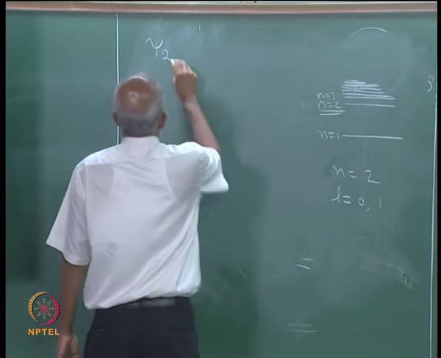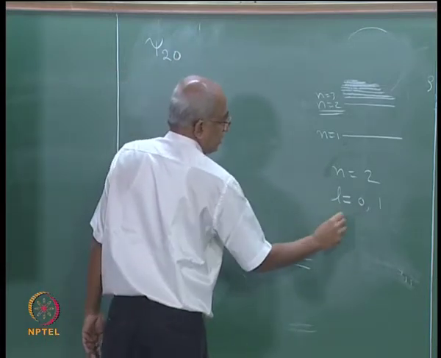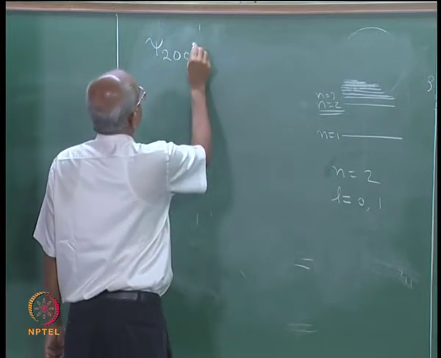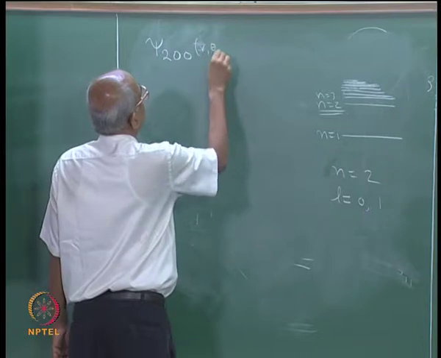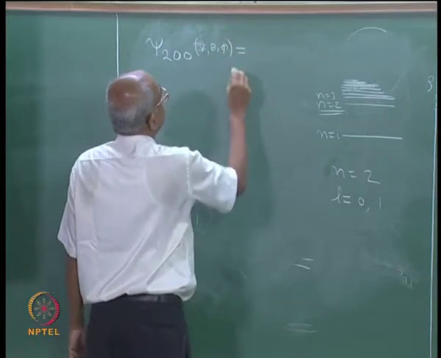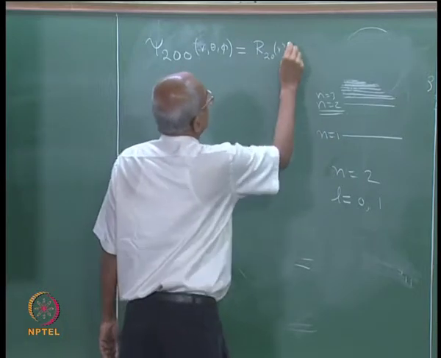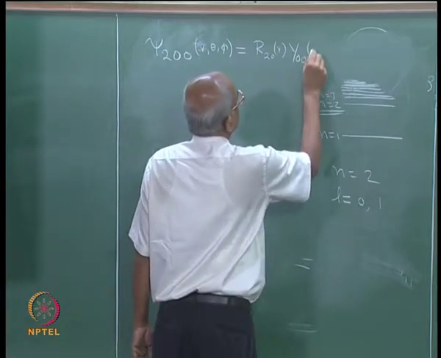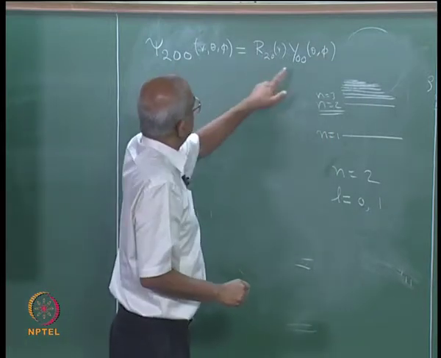N is equal to 2 and let me say L is equal to 0, and if L is equal to 0, M is 0. So, this is the function that I want to look at, and obviously this is going to be R20 of small r times y00 of theta phi, correct, because L is 0 and M is 0.